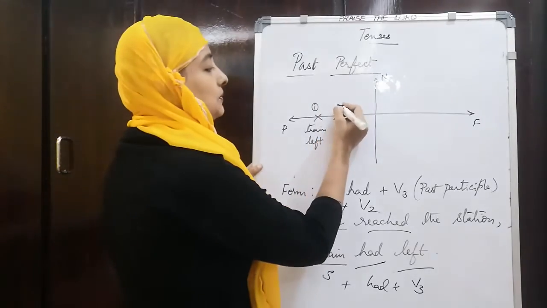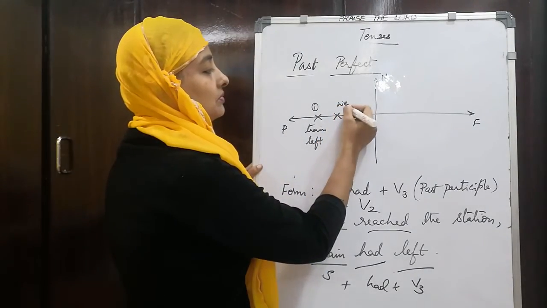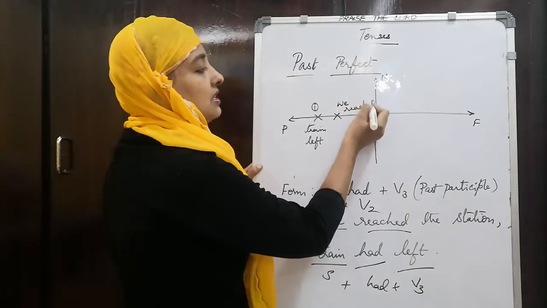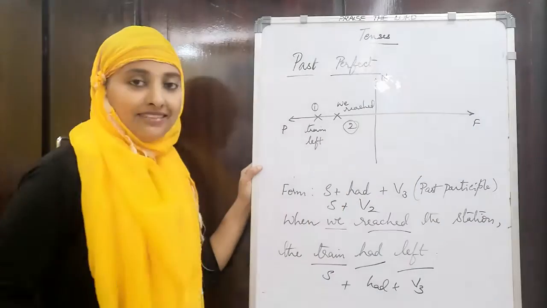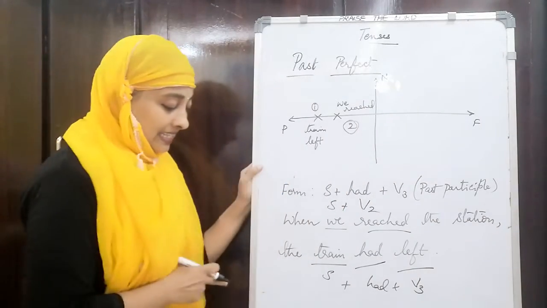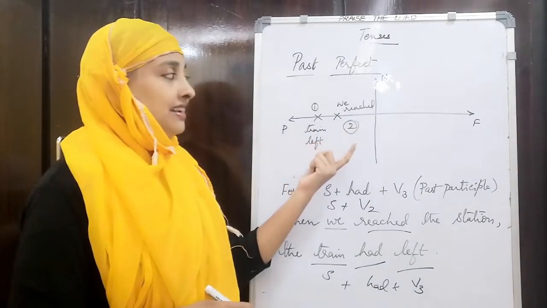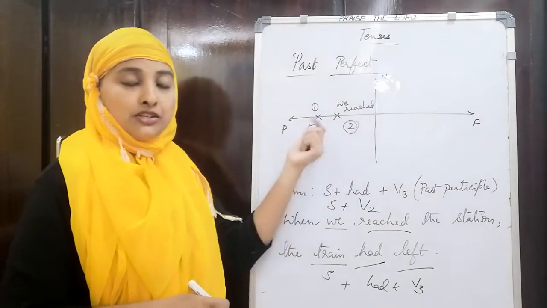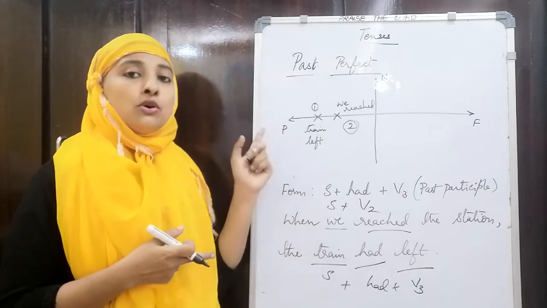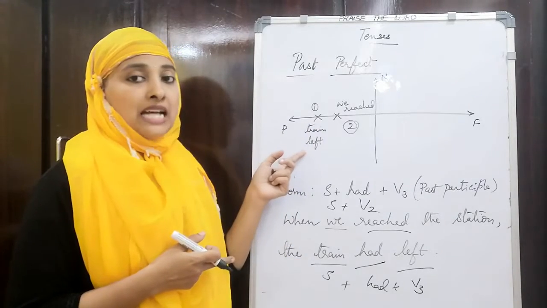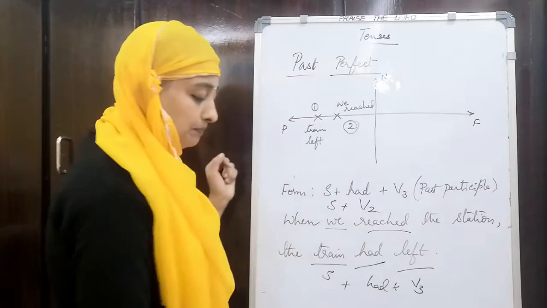Then we reached. So this is the second event. This is a representation in which the events have taken place, like the train left when we reached. When we reached the station, the train had left. So this is the past perfect tense, right?